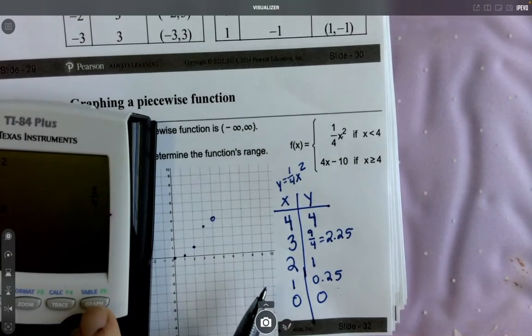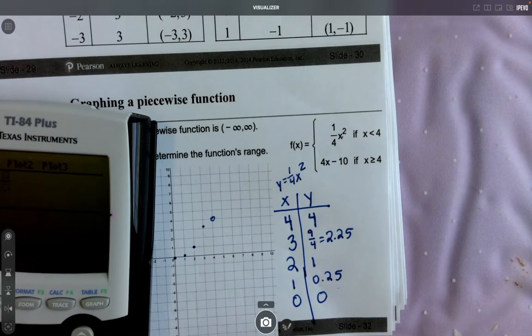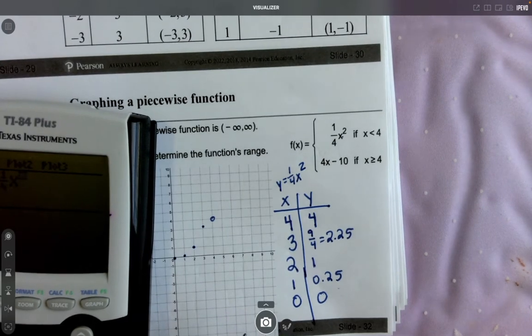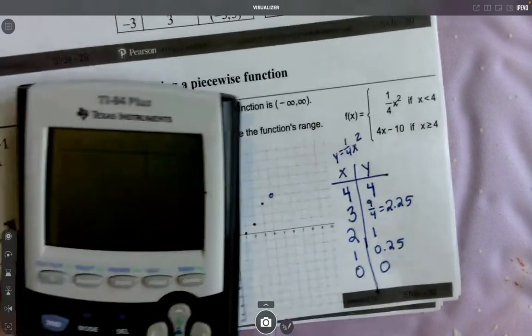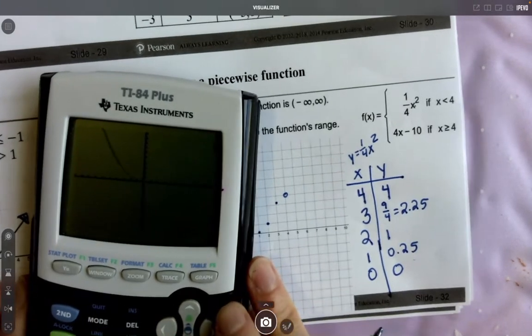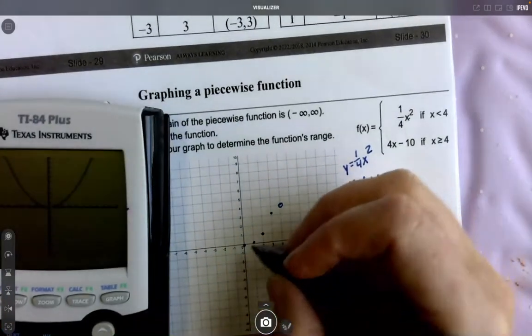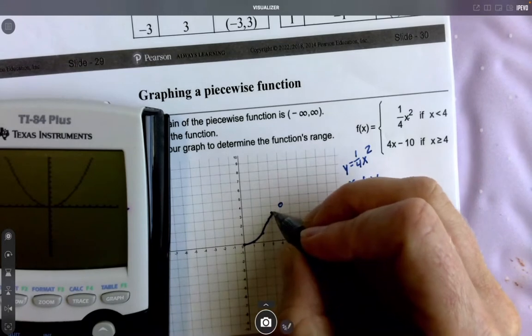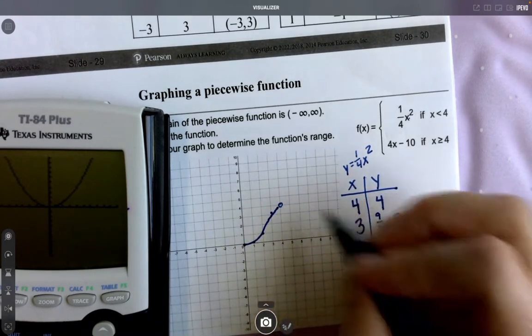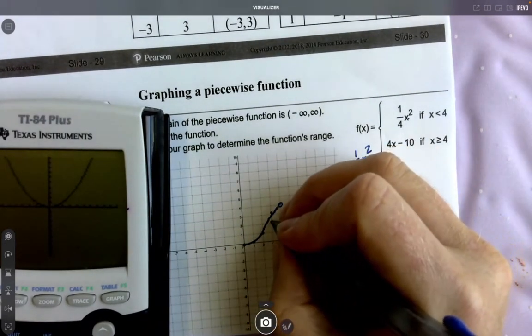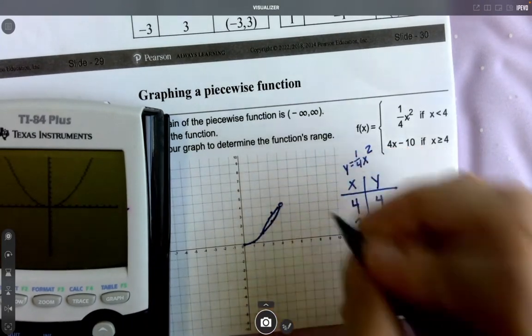So let's see what it looks like on y equals 1/4 x raised to the second power. So it's going to look like that. Oh, because I graphed it wrong. I was like, there's something wrong with it.